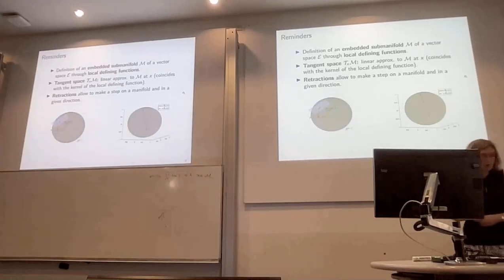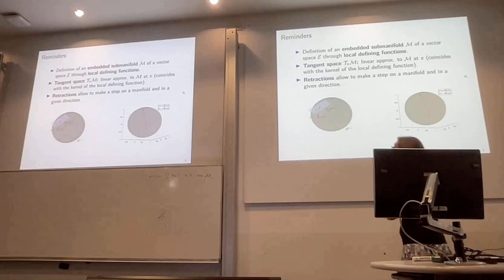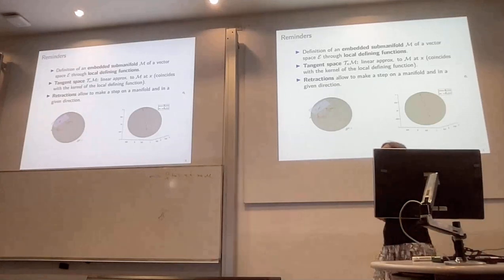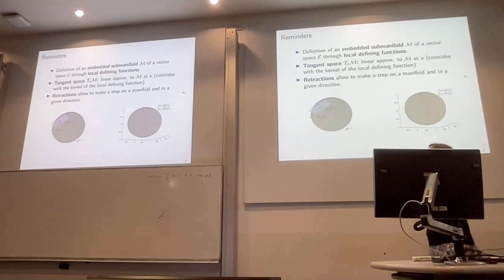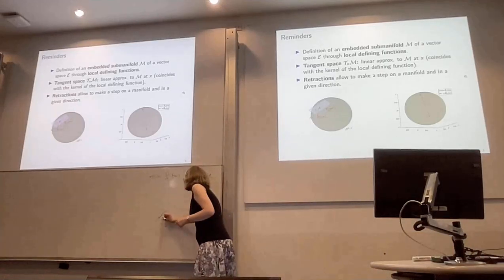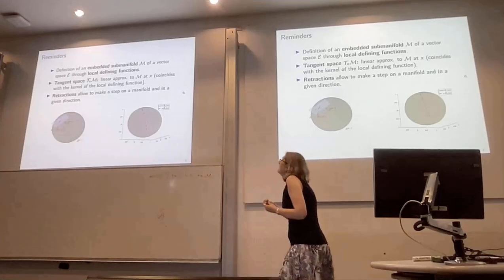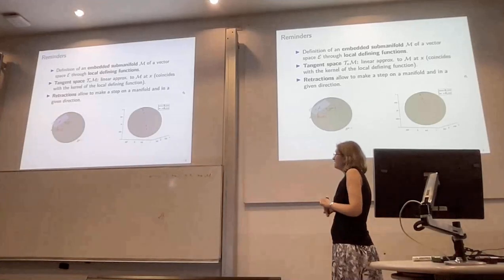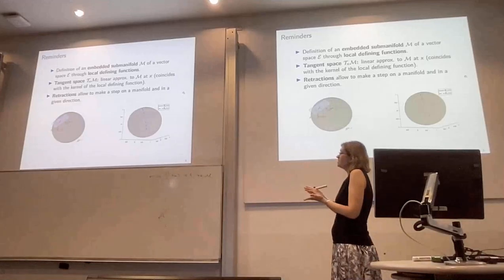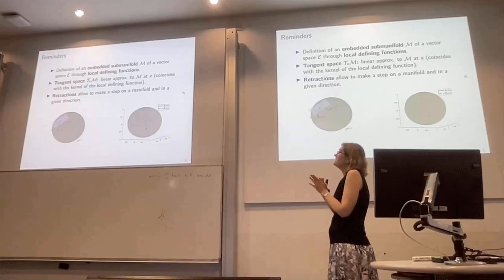So just to recap, we are talking here only about the case when we view M as embedded into a Euclidean vector space. And at every point x, we have a tangent space. This is a linear subspace, a linear approximation of the manifold, and it is local.